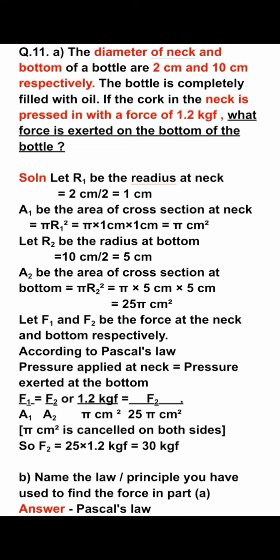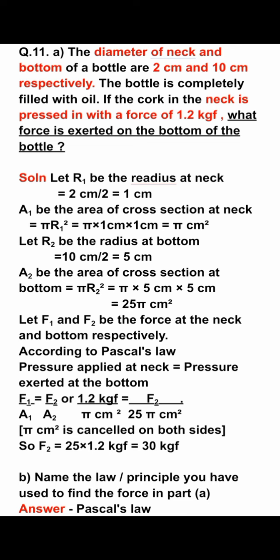Now pi centimeter square is cancelled on both sides, so F2 equals 25 into 1.2 kgf, that is equal to 30 kgf.